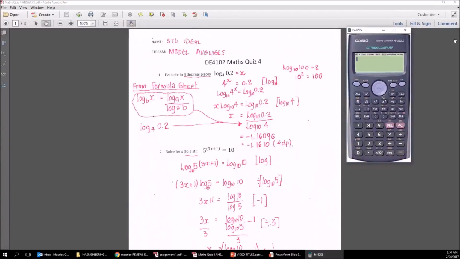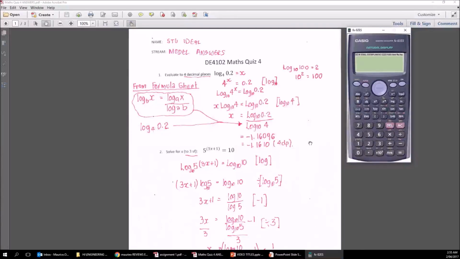Following my pattern, the base, the 4, goes where the 10 is, and the 0.2 is the number. And the x in my calculation here is the power, or the index. So log to the base 4 of 0.2 equals x. I've got that far.